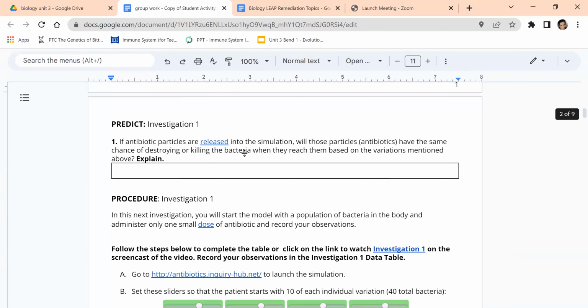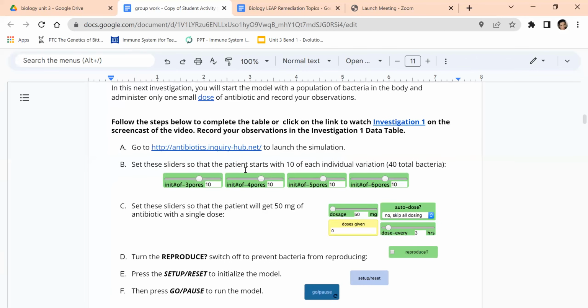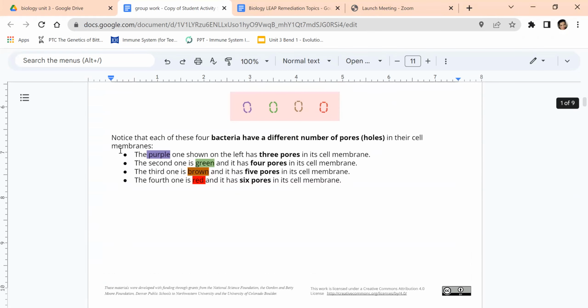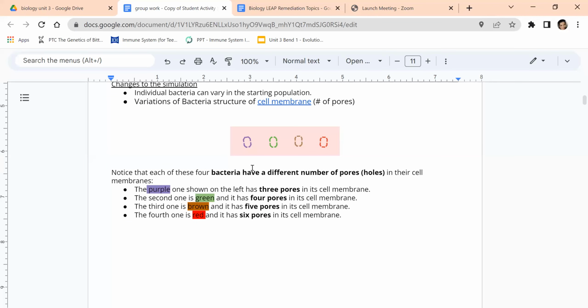With the help of the computer simulation, we are going to investigate how antibiotics kill the 4 different variations of bacteria. What we have here is a population of bacteria, but it has variation within its population. Some of the bacteria have 3 pores, some have 4, some have 5, and some have 6.